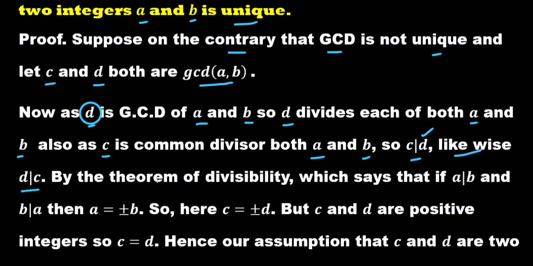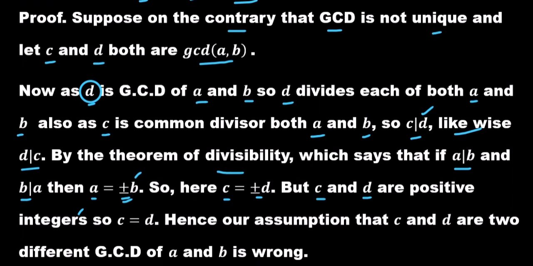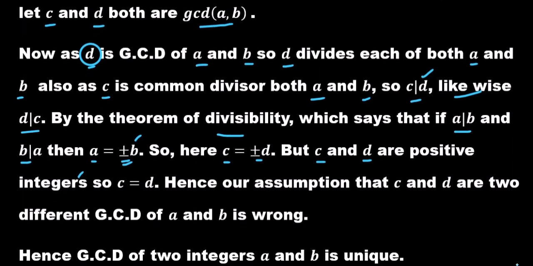By the theorem of divisibility, which says that if A divides B and B divides A, then it must be that A is equal to plus minus B. So here, by using this result, we can write C is equal to plus minus D. But C and D are positive integers because both are the greatest common divisor, and greatest common divisor is always a positive integer.